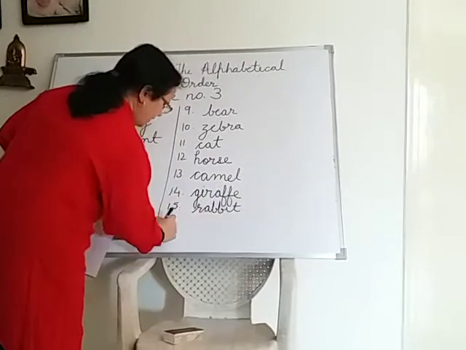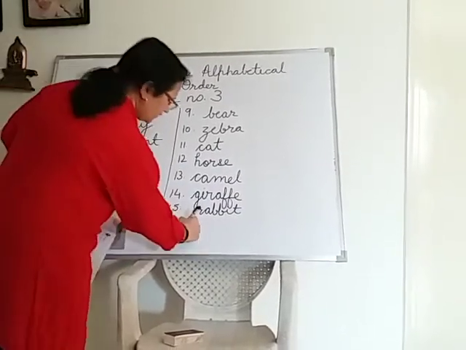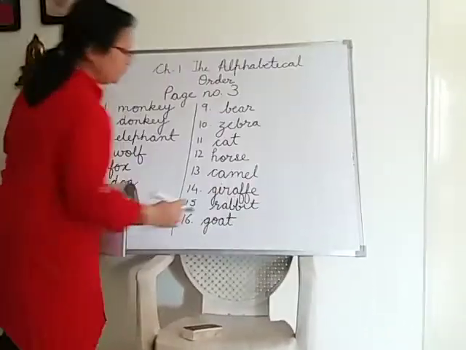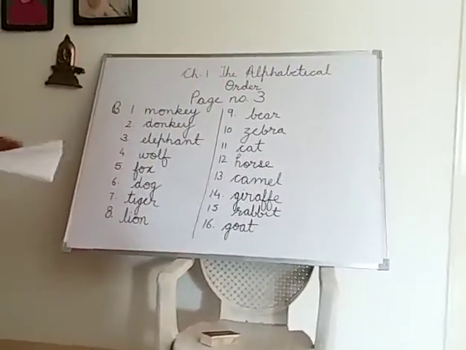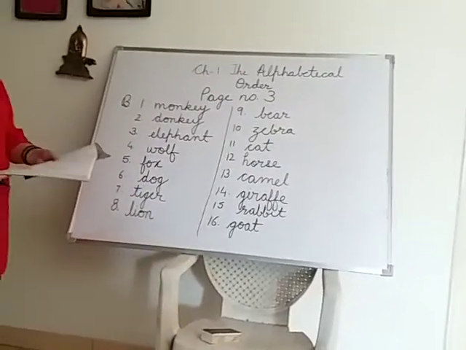R-A-B-B-I-T, rabbit. And on 16th place it is goat. G-O-A-T, goat. So now this is your exercise B on page number 3.